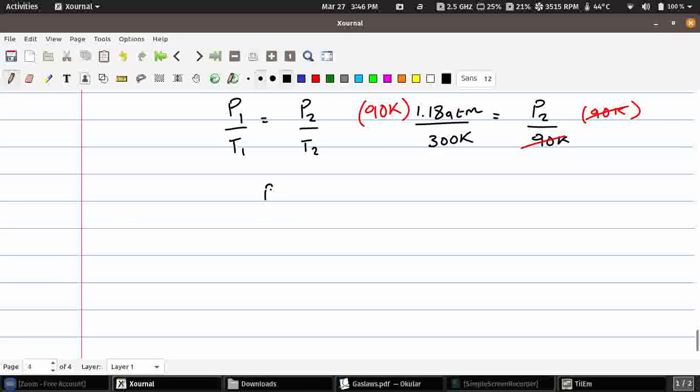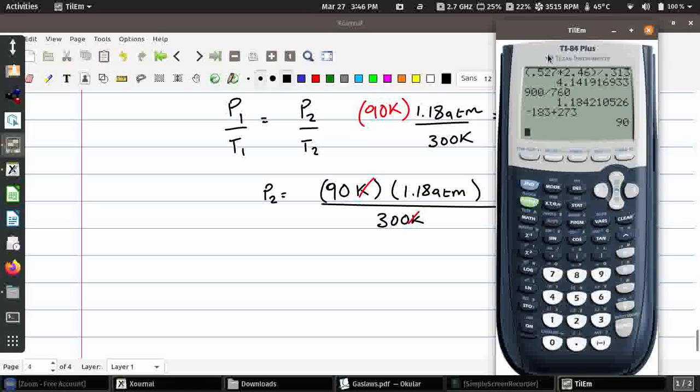So P2 equals 90 kelvins times 1.18 atmospheres divided by 300 kelvins. So your kelvins are going to cancel. So now you're in atmospheres. All you got to do is plug this into the calculator.